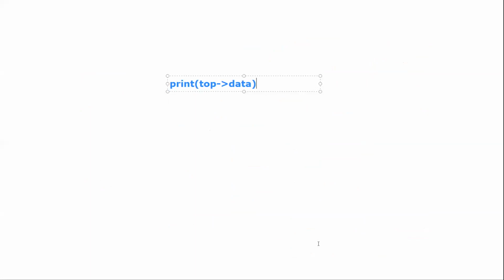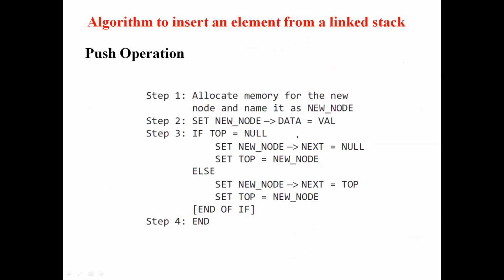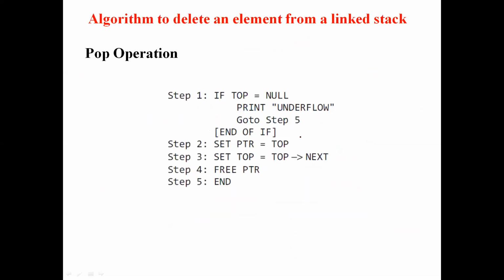Next, we'll go to the pop function. I hope everyone is clear with the push operation. Next, pop operation. When you're doing the pop operation, you have to check whether the stack is underflow or not. That you know very well.